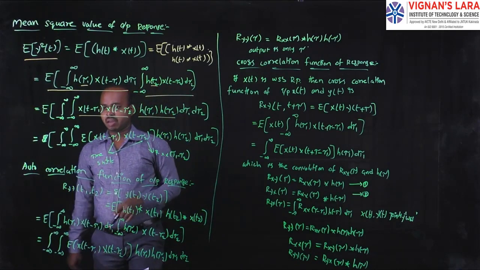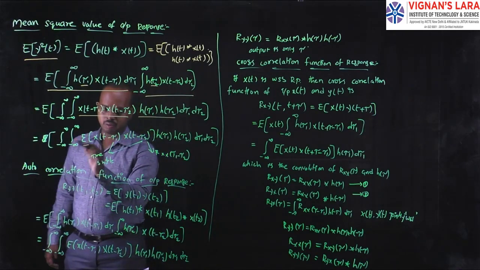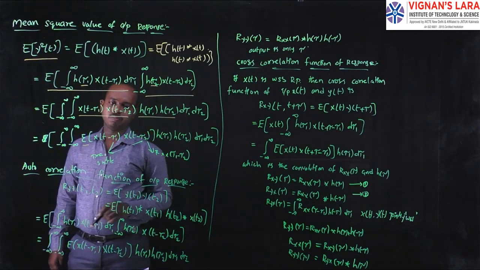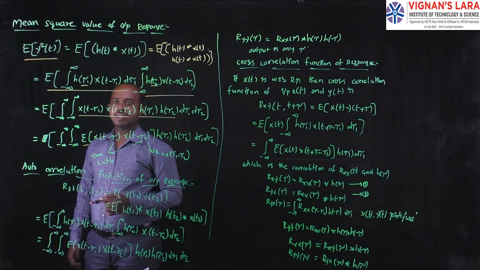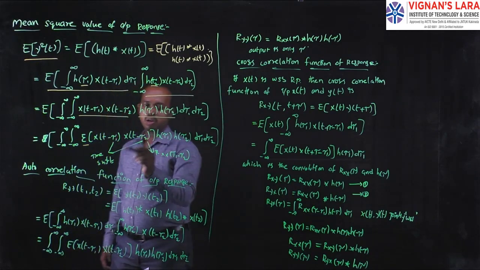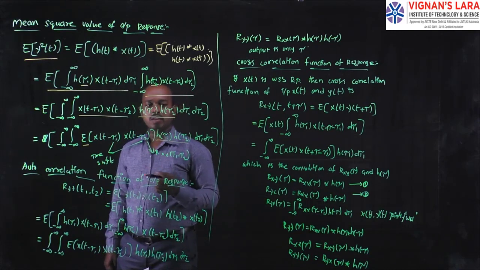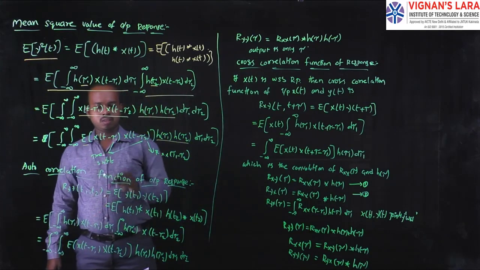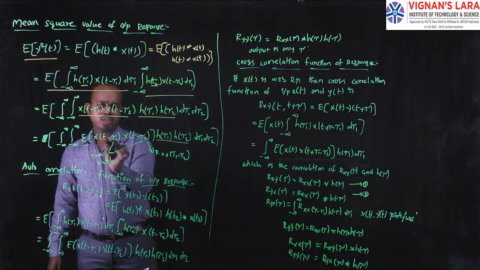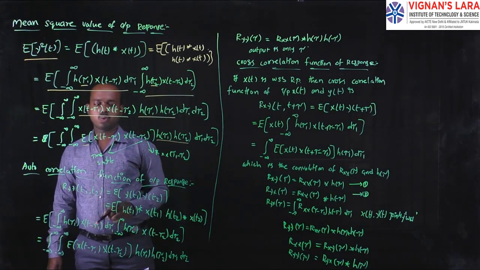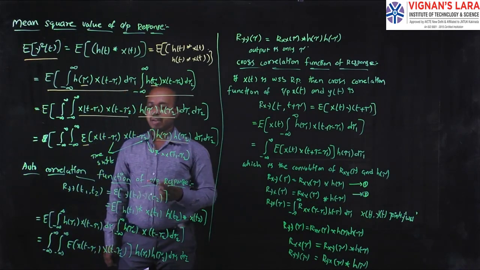In the next step, I apply the expectation on the x terms. The x terms have the delays tau 1 and tau 2, and the other terms do not have any time parameter. The expectation of x of t minus tau 1 and x of t minus tau 2 represents a time shift.